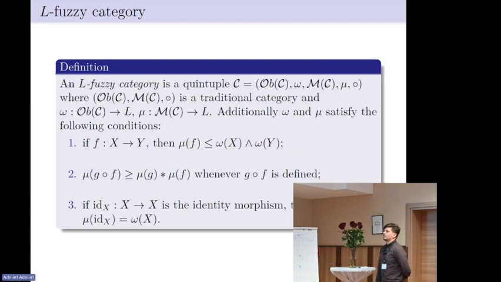Now, a fuzzy category is a traditional category that has been enriched with two additional functions that measure the membership degree of objects and morphisms, and they also satisfy a few more conditions. The first two have to do with the bounds of the membership degree of morphisms, and the third one just states that the membership degree of an object should coincide with the membership degree of the identity morphism.